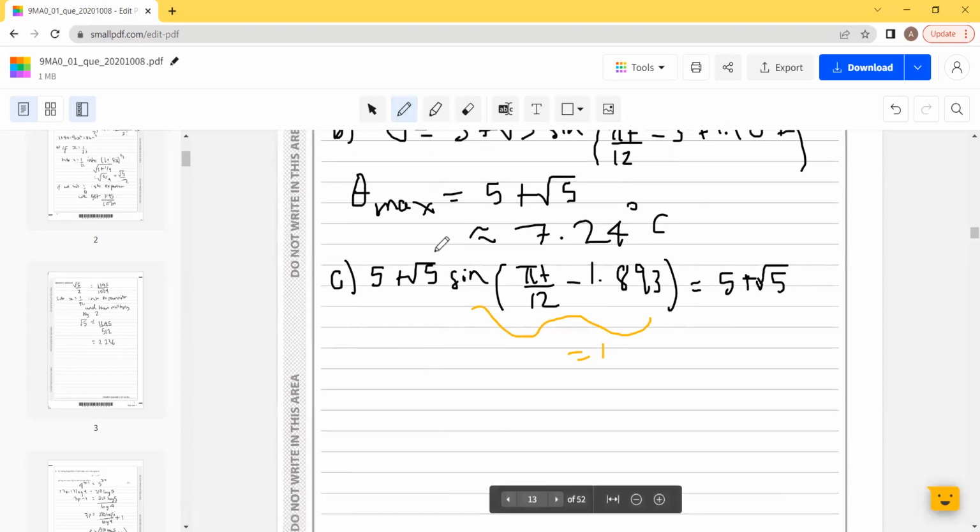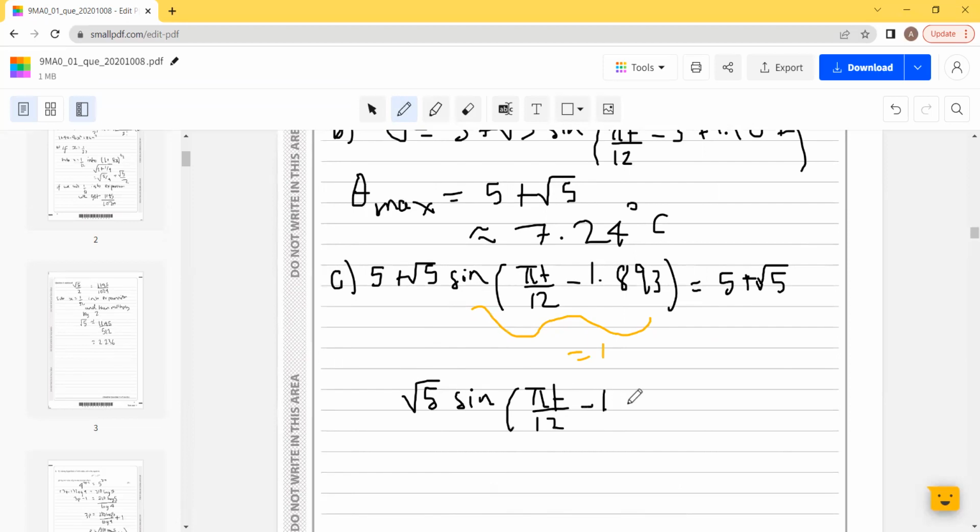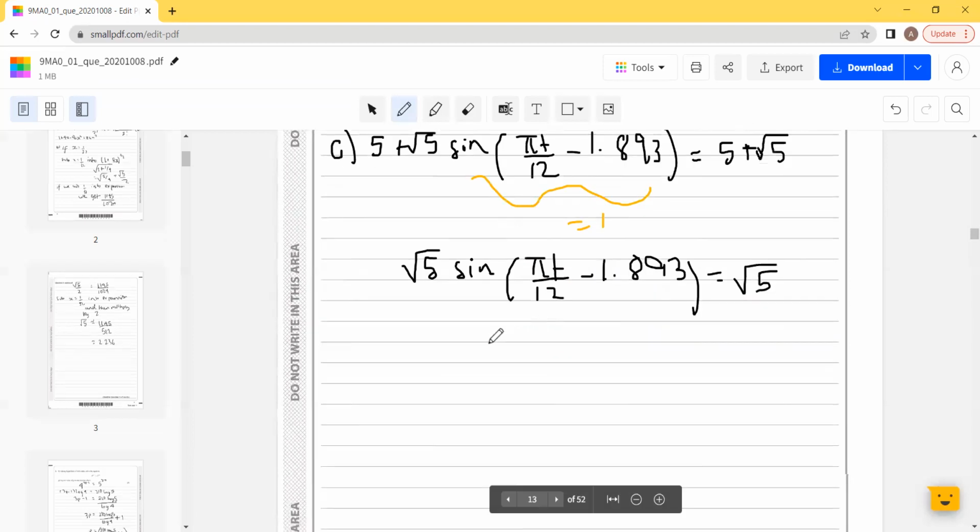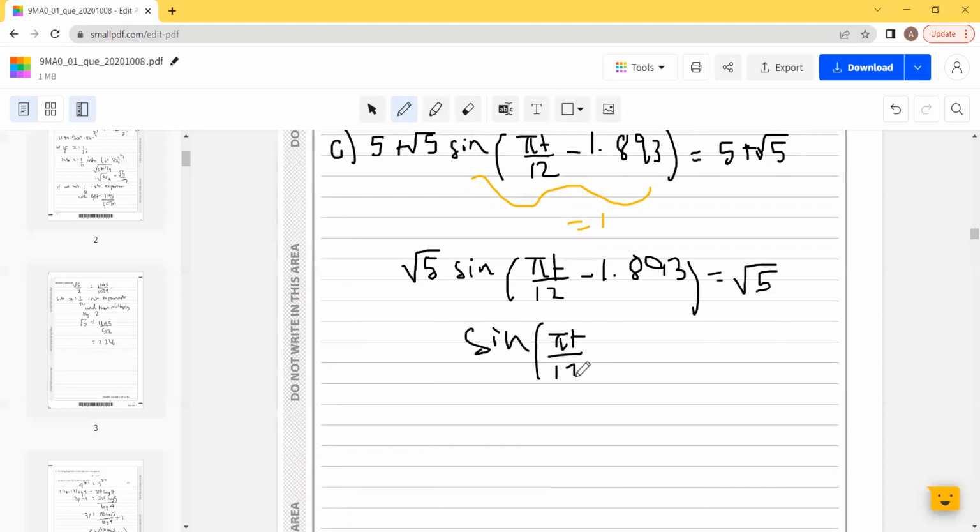So notice this. If I subtract 5 from both sides, I'm left with root 5 sine pi t over 12 minus 1.893 is equal to root 5. So sine of pi t over 12 minus 1.893 is simply just 1.